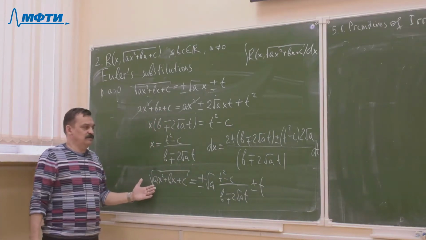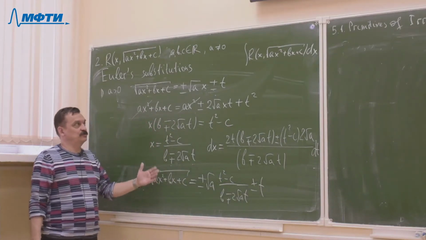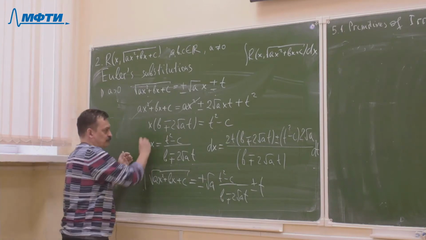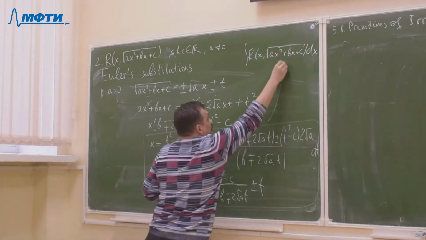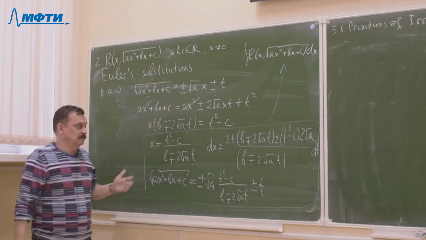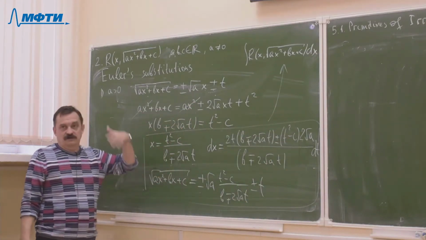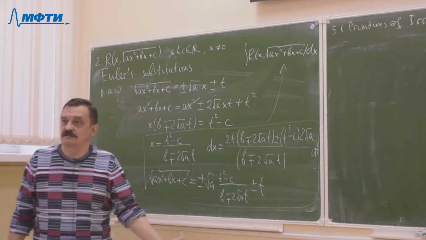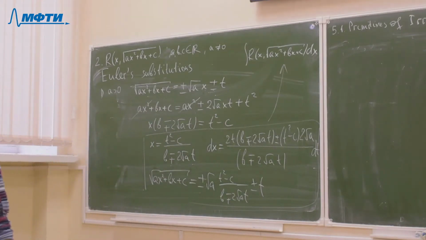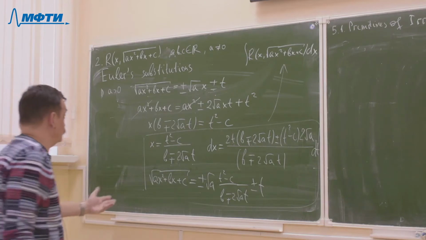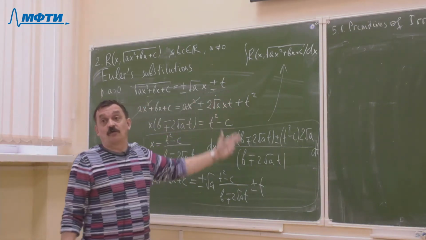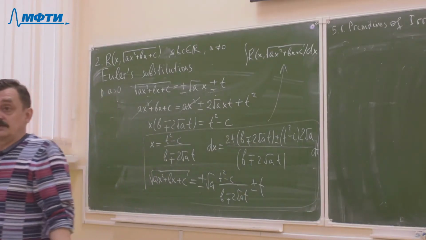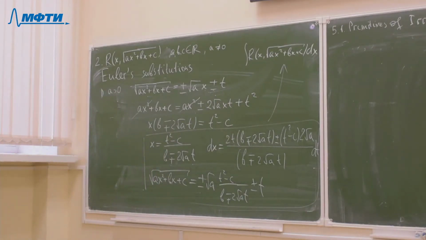And you see, after that, we should substitute all those three expressions into our integral. And it gives, after transformations, an integral of a rational function of t. And t, what is t? t can be found from this equality, obviously, right? So back substitution is easy.